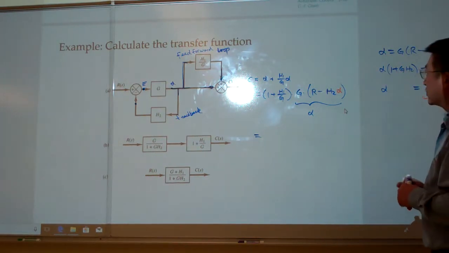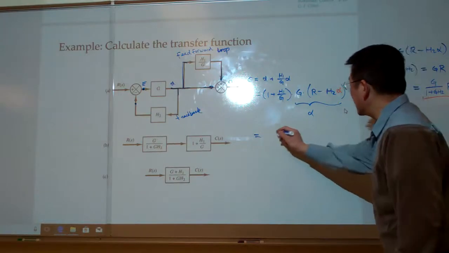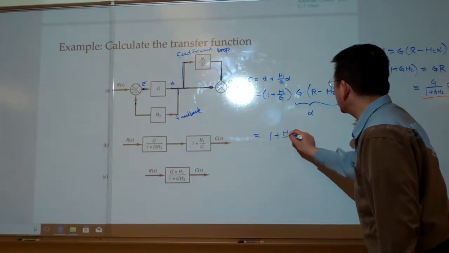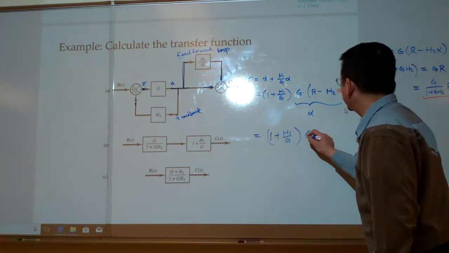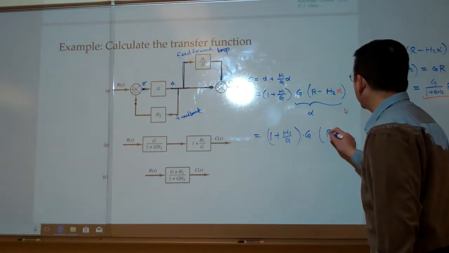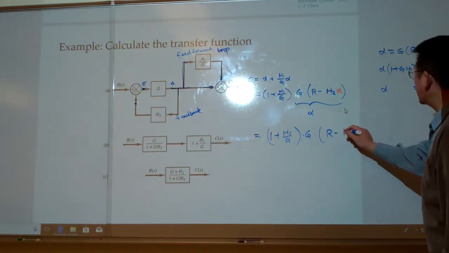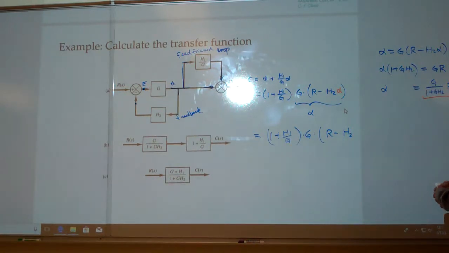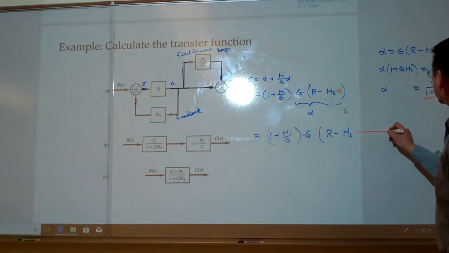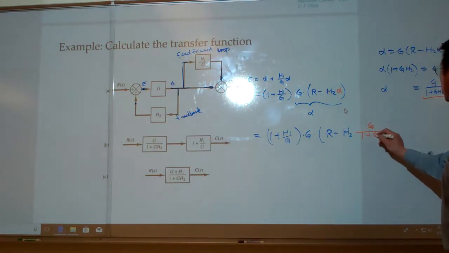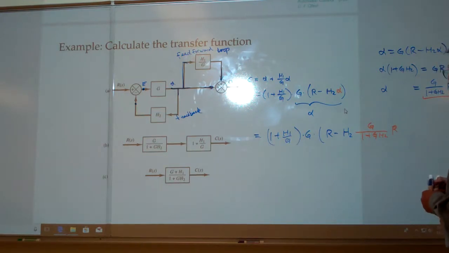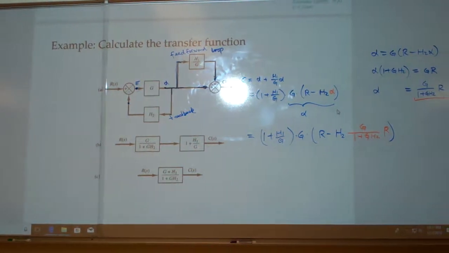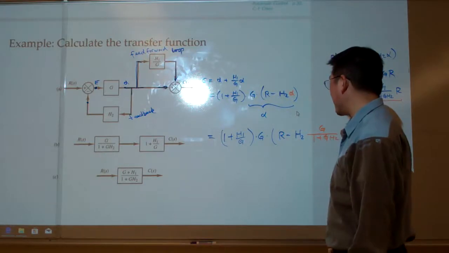So right now let me write that: 1 plus H1G times G times R minus H2 and alpha, which I'm going to replace by the term we came up with, that is G over 1 plus G H2 times R. You good? Okay, so now we can simplify.